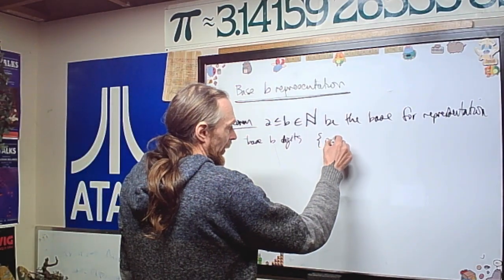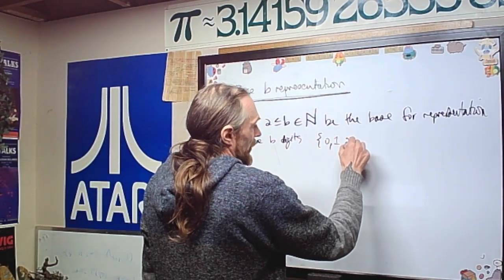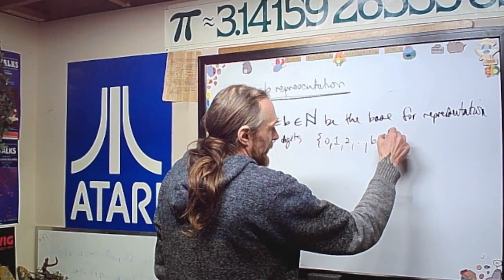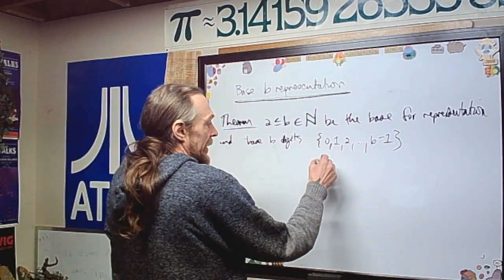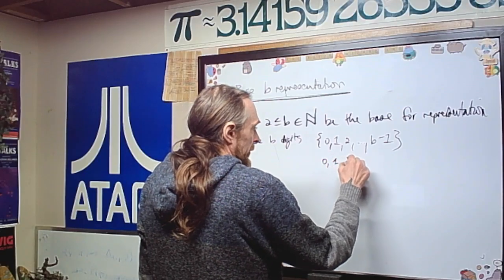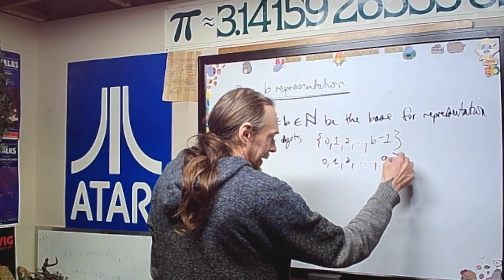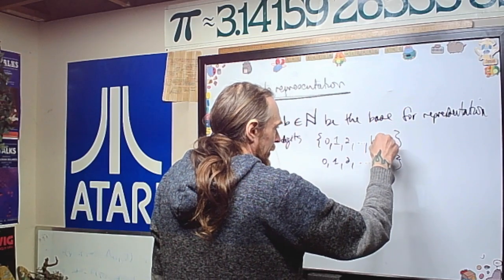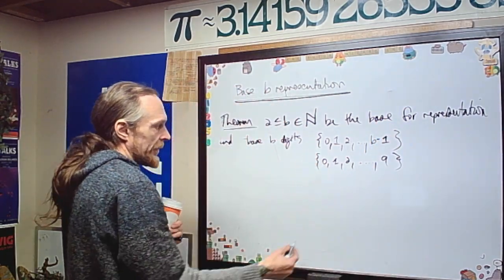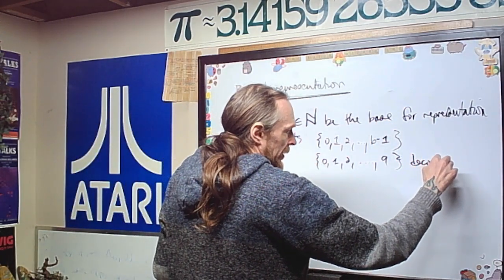Notice that I did that exactly for decimal notation: 0, 1, 2, and then 10 minus 1 is 9. It looks slightly different in the abstract notation, but this is what they're talking about. This is the decimal notation specifically.